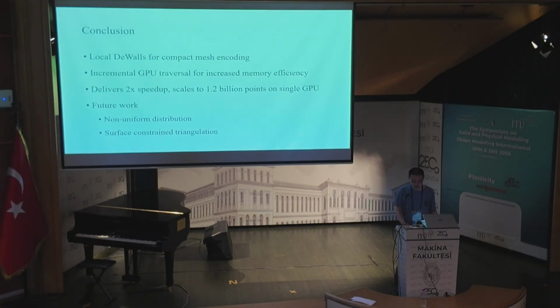As a result, our method achieves more than 2 times speedup over the state-of-the-art and scales to billion-scale Delaunay triangulation on a single consumer GPU. For future work, we plan to optimize the algorithm for non-uniform distributions and extend it to support constrained triangulation.